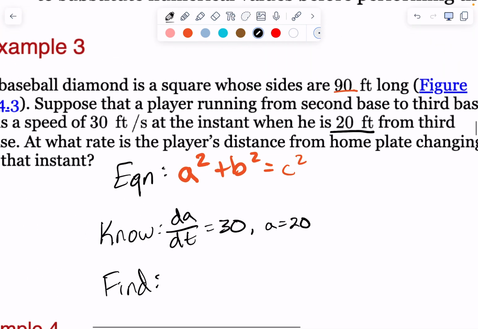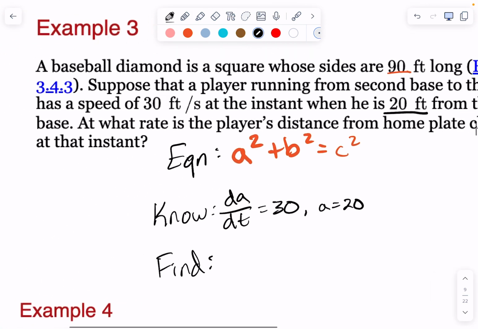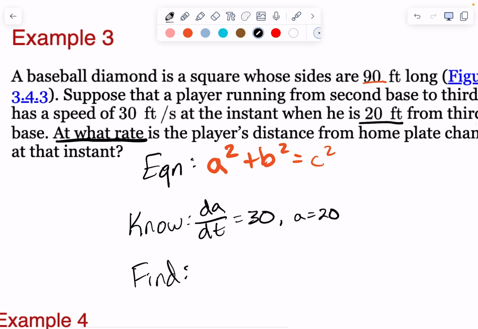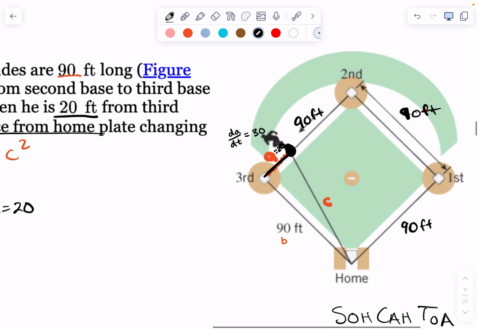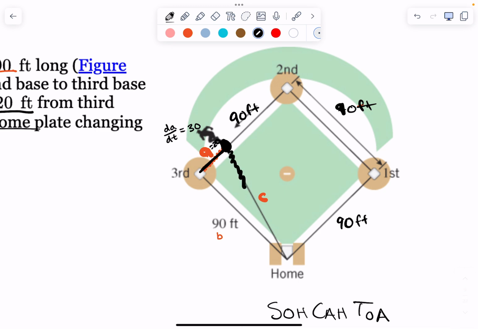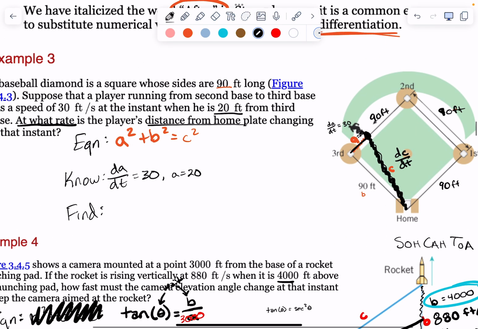And then it says at what rate is the distance from home plate changing. So this is my distance from home plate, and this distance is called C, and the rate at which C changes is dC/dt. And so I'm going to try to find dC/dt.